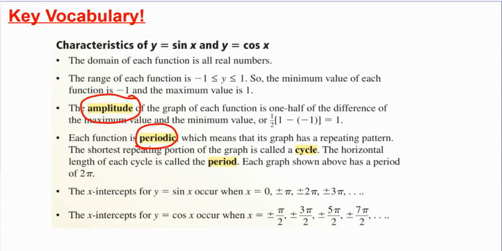Your pattern never changes, it never gets bigger or smaller, it never goes out of the normal. It's exactly the same pattern over and over again. The shortest part of that pattern is called a cycle, and the length of that cycle is called a period.